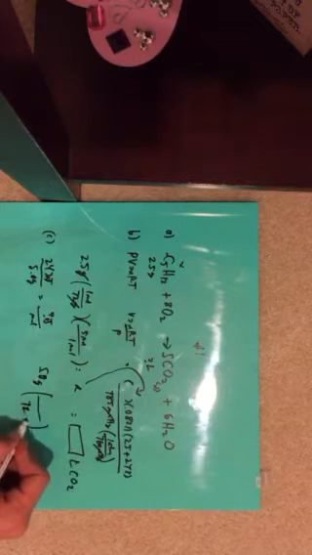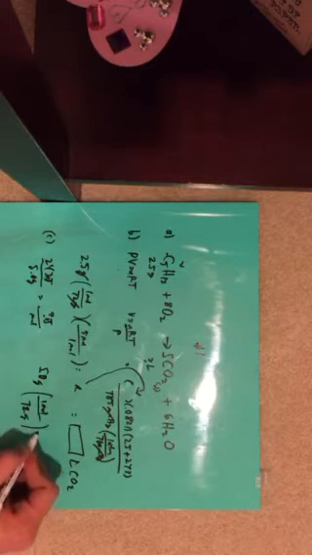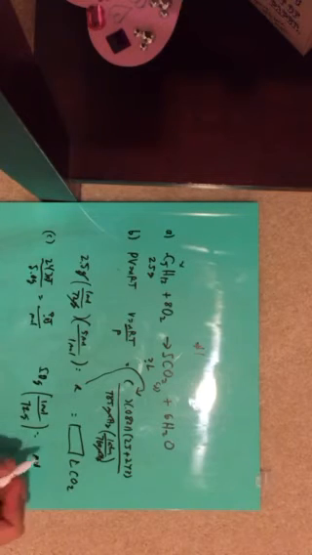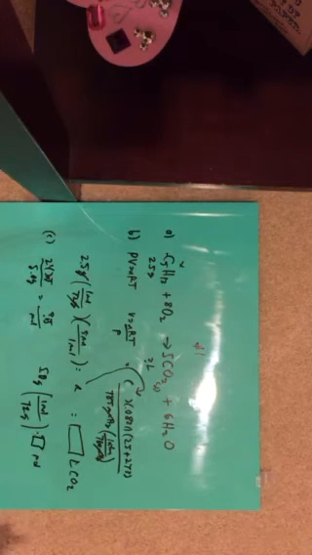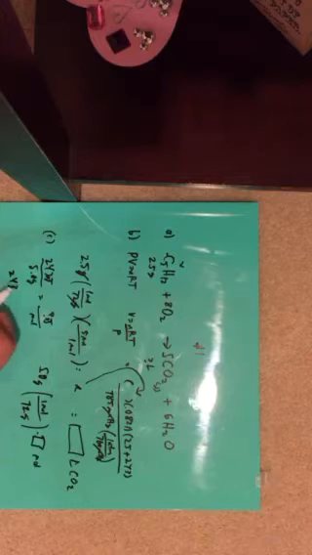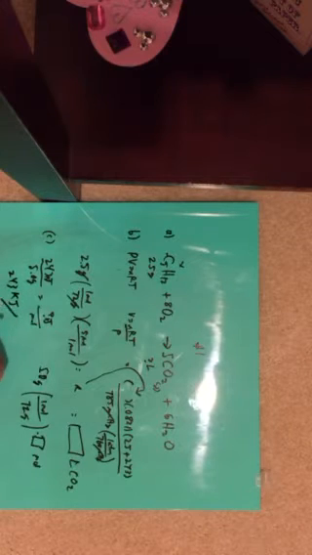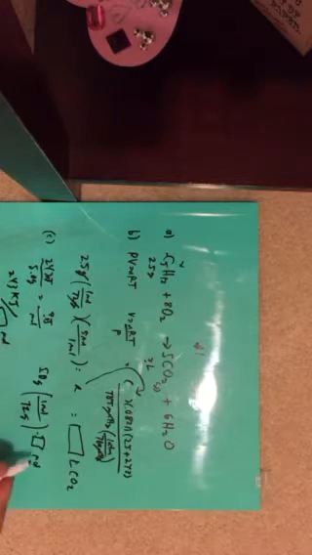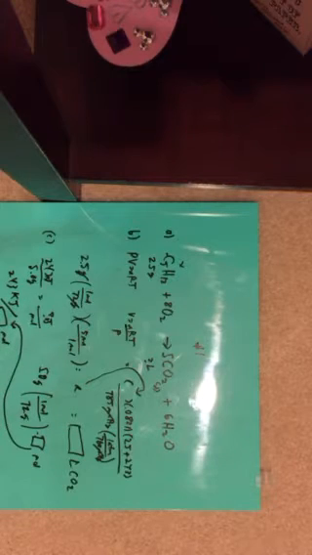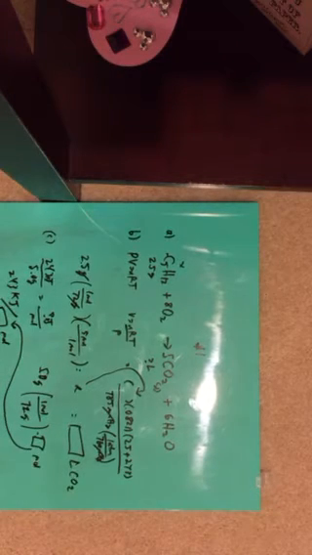So 72 grams per every 1 mole. And that's moles of pentane. Take 243 kilojoules and divide it by this number of moles. And you have your answer there. Okay. So that is problem number 1.